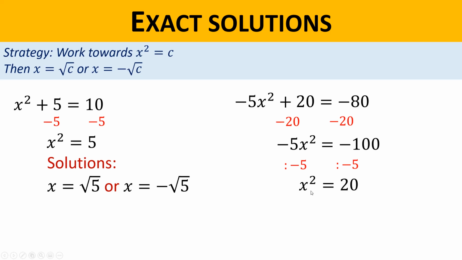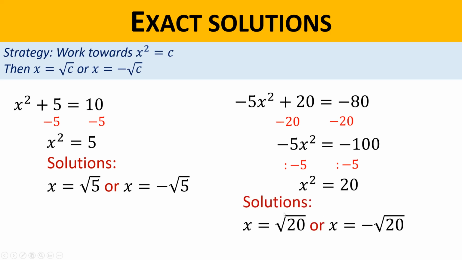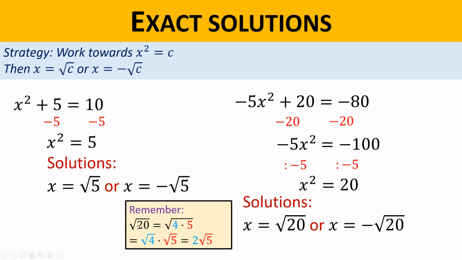And then, of course, that means that x is the square root of 20, or x is negative the square root of 20. But in this case, we can simplify this answer, because if you remember, square root of 20, we can divide 20 by a square number, right? We can divide it by 4. So that means we can rewrite it as the square root of 4 times 5.